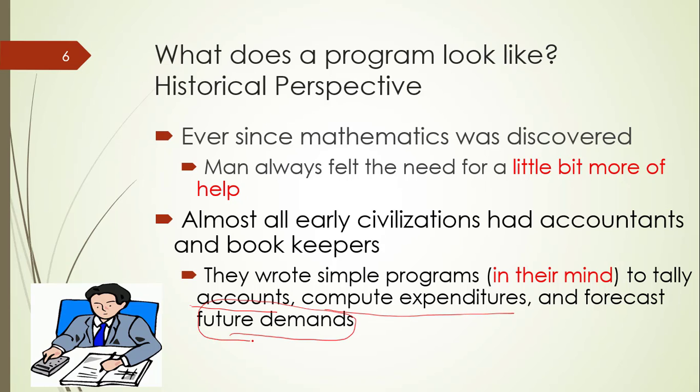So for example, it's possible that if the population of a village is increasing, so let's say this year they have 1000 people and 5 years later they forecast 2000 people, then they would see whether they would have enough water, enough grains, enough resources to sustain a population like this. So this is what our ancestors used to think of computing to be. Of course, they didn't use the word computing, but this was still in the back of their heads, and it did involve mathematical calculations, it did involve decision making, and that to us is computing.